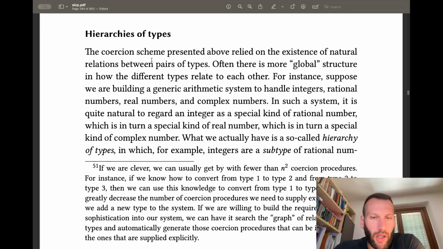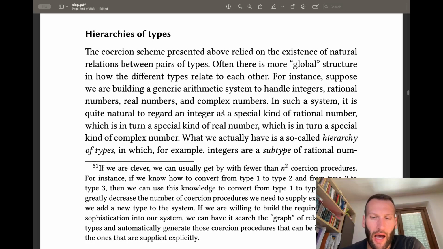The coercion scheme presented above relied on the existence of natural relations between pairs of types. Often there is more global structure in how the different types relate to each other. For instance, suppose we are building a generic arithmetic system to handle integers, rational numbers, real numbers, and complex numbers. In such a system, it is quite natural to regard an integer as a special kind of rational number, which is in turn a special kind of real number, which is in turn a special kind of complex number.